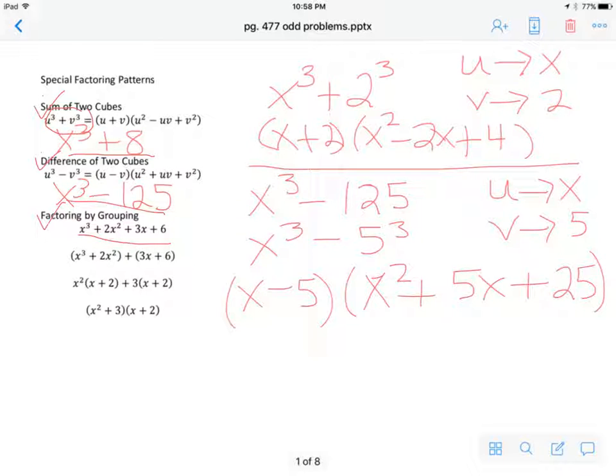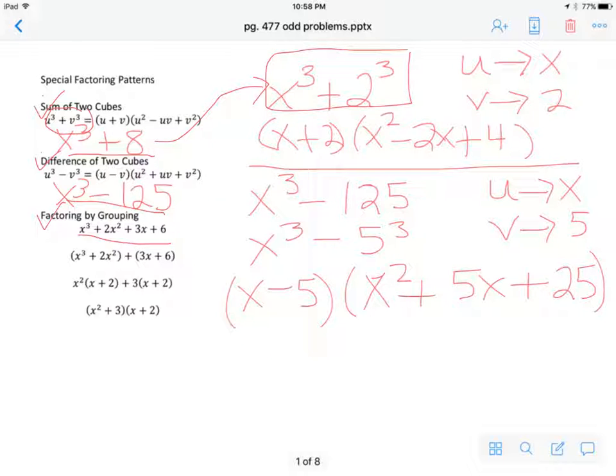The very first step is to take the problem you're given and make sure both terms are written as perfect cubes. We already had x cubed. And remember, you can write 8 as a power of 2: 2 to the third power would be 8. So we rewrite our problem with both terms raised to the third power.